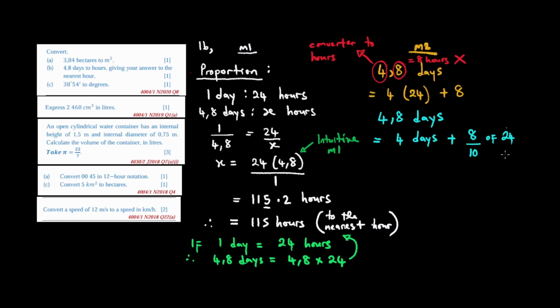Let me do this so that I do not confuse you. 4,8 days is equal to 4 days plus 0,8 days.